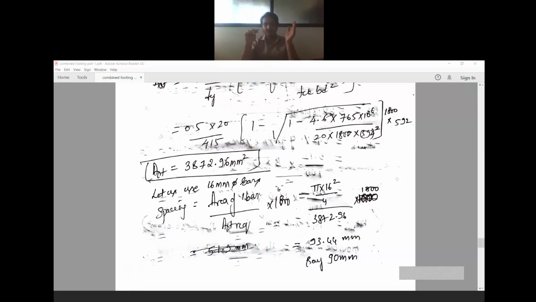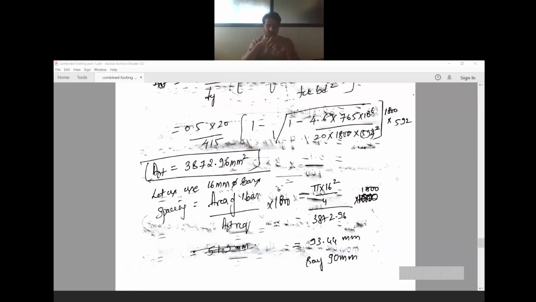If we have the AST value between 1000 and 2000, we will go for 12 mm, 16 mm, 20 mm like that. If we have AST value greater than 2000 mm square, we will go for 20 mm, 25 mm like that. So about 20 mm diameter. If we have more than 3000, 4000, likewise, if we have more than 3000, we shall go for 25 to 30 or 35 according to the requirement, and spacing requirements also we shall consider.